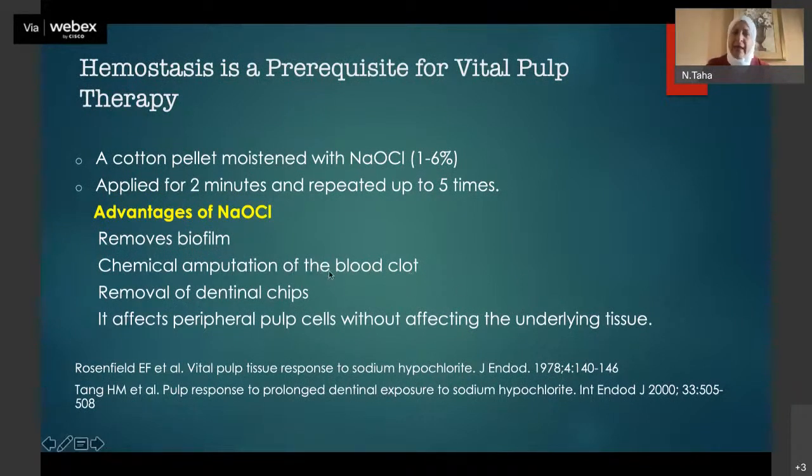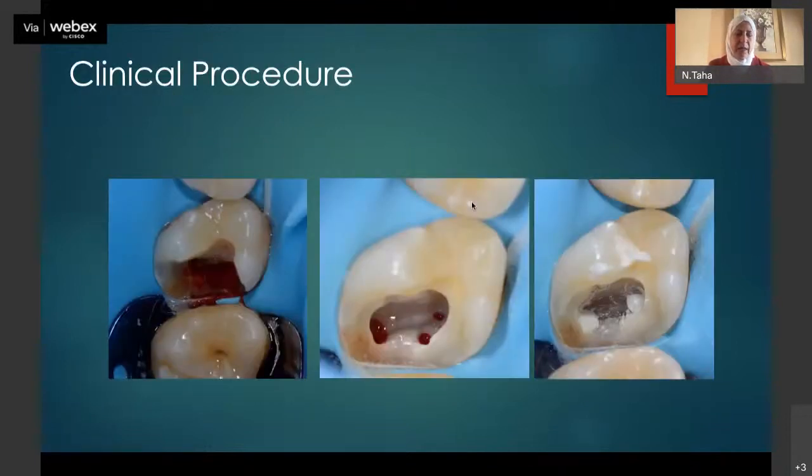It results in chemical amputation of the blood clot, removes dentinal chips, and it only has a caustic effect on the superficial layer of the pulp, which will induce repair. So it doesn't have any drawbacks if used in vital pulp therapy. And you can use variable concentrations from 1 to 6%, apply it for 2 minutes and repeat it up to 5 times, which is a total of 10 minutes.